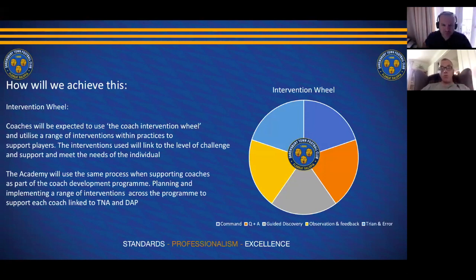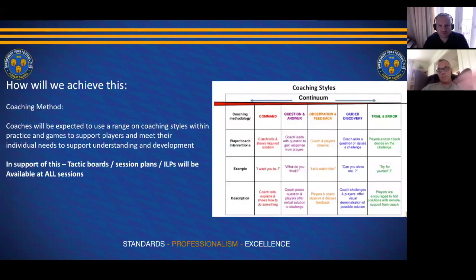So we will try and use the right intervention with the coaches at the right time to support their development, exactly the same as we would intervene with players. Yeah. So the process is no different, really. Alongside that, then, is something that you'll have seen many times and that coaches would have seen many times.